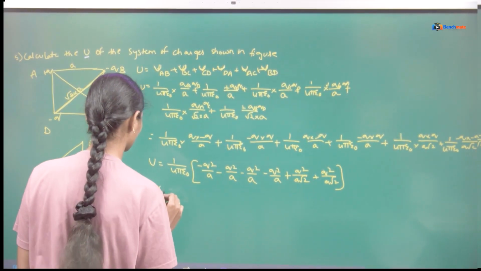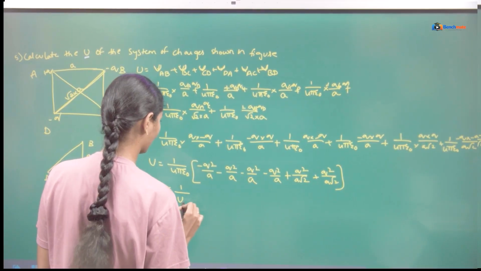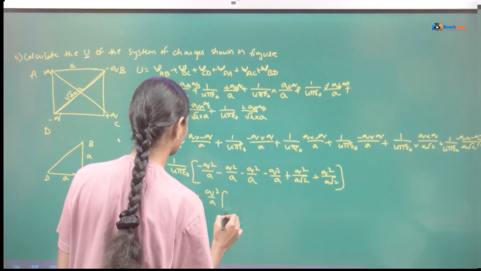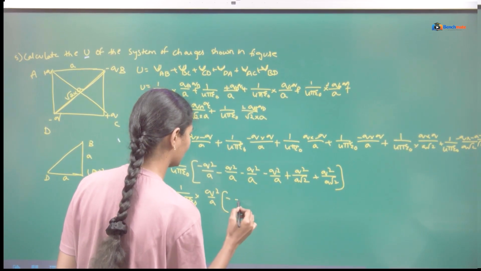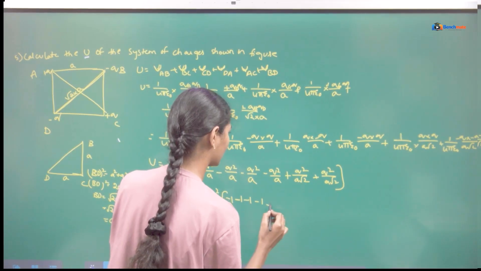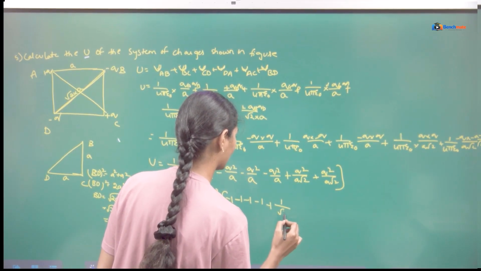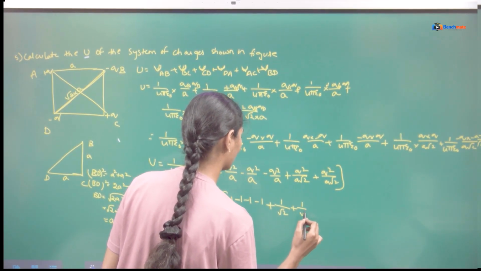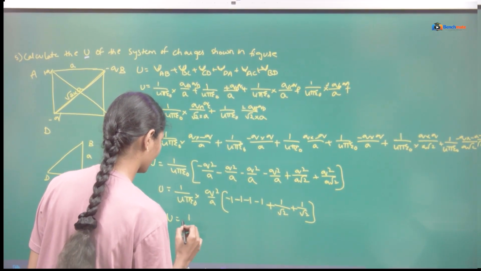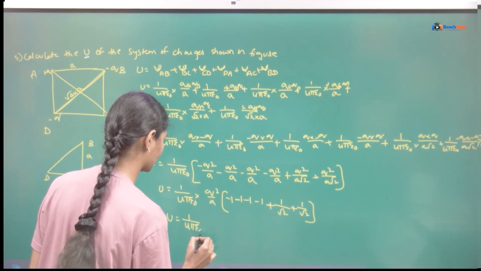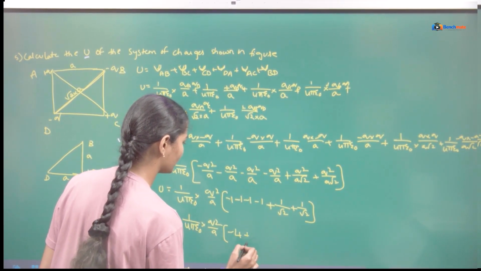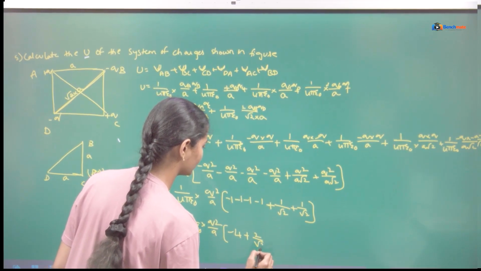Next from here, U equals 1 by 4 pi epsilon naught common. This time Q square by A is also common. If you take Q square by A common: minus 1, second term minus 1, third term minus 1, fourth term minus 1, plus 1 by root 2, plus 1 by root 2. Next U equals 1 by 4 pi epsilon naught into Q square by A into minus 4 plus 2 by root 2.